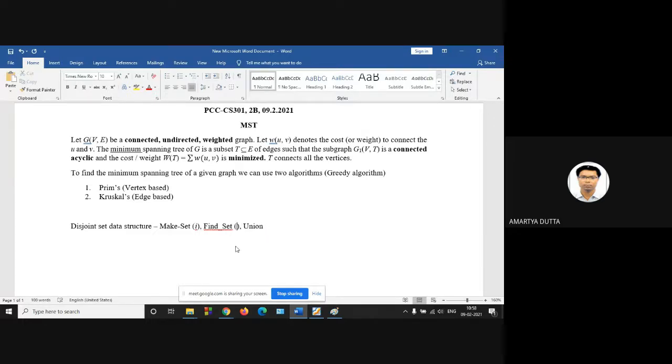Find set returns the representing element of i. Actually the representing element of i is basically the parent.